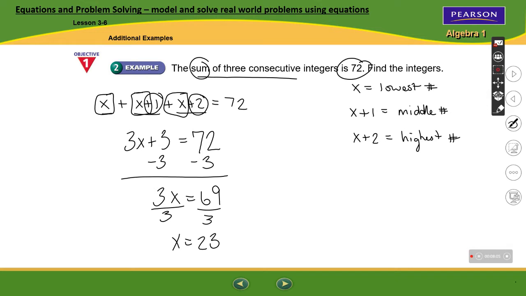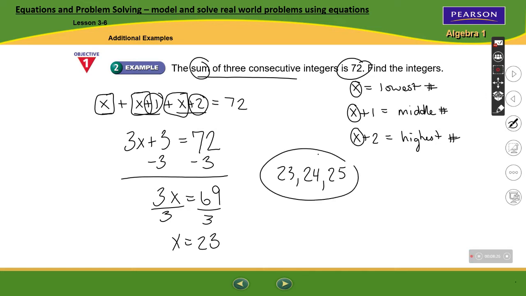That should be the lowest number, making the middle number 24, making the final number 25. And I can get those values by putting 23 here, here, and here, or I could just use a little bit of logic. And then I want to check to make sure it's right. 23 plus 25 is 48, plus 24 is 72. So we are good to go.